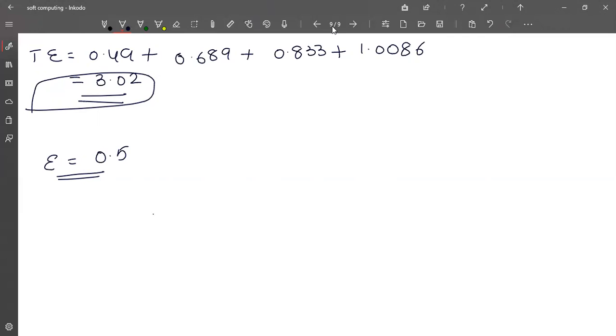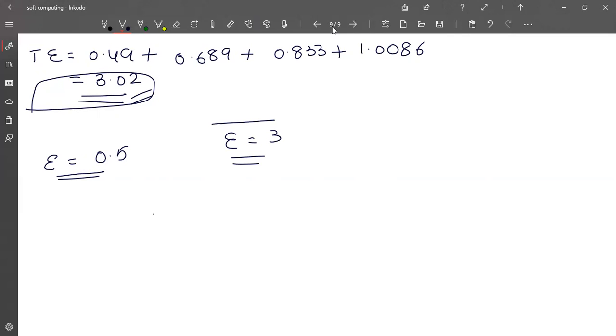Else, you can do it for 3 epochs and stop. But you should not assume a bigger error rate at the beginning itself. Like if I assume 3, here I got 3.02 in my first epoch itself, and I would be concluding my ADALINE network.